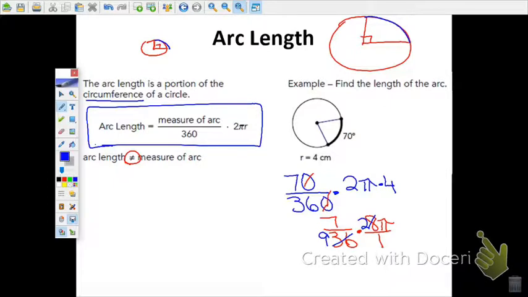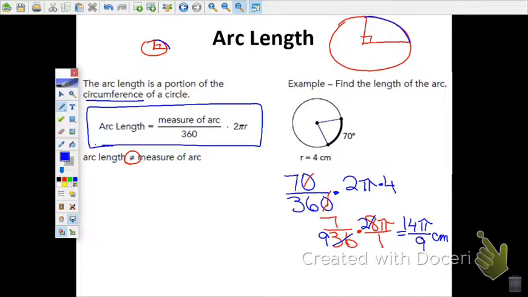So now when I multiply straight across, I'm going to get 7 pi over 9. And I am in centimeters. Would it be 14 pi? Because that's times 2. Oh, I'm sorry. Yes, it is. Thank you. Okay, so 14 pi over 9, or you could say 14/9 pi centimeters.